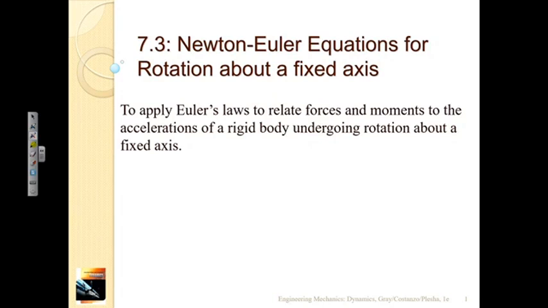All right. The new part was the sum of moments. And we said you can take those about any old point P. It can be off in space, it can be moving, it can be anywhere.